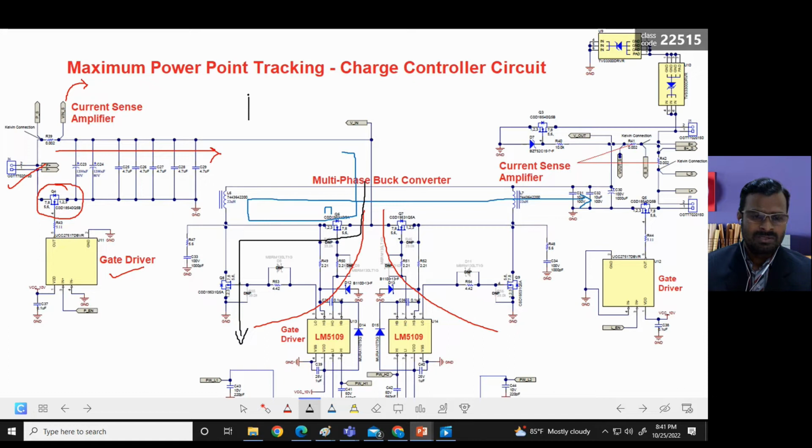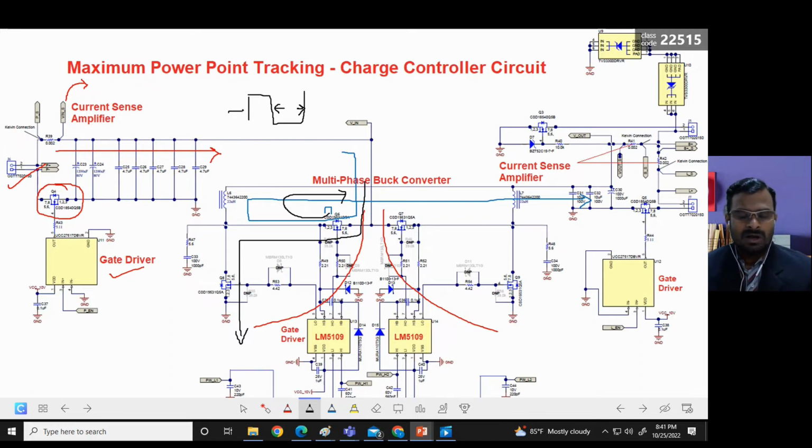So if you have a pulse coming from the gate driver like this, during the on time the blue color path will be considered, and during the negative part of the cycle, the off time, the current flow will be in this path.